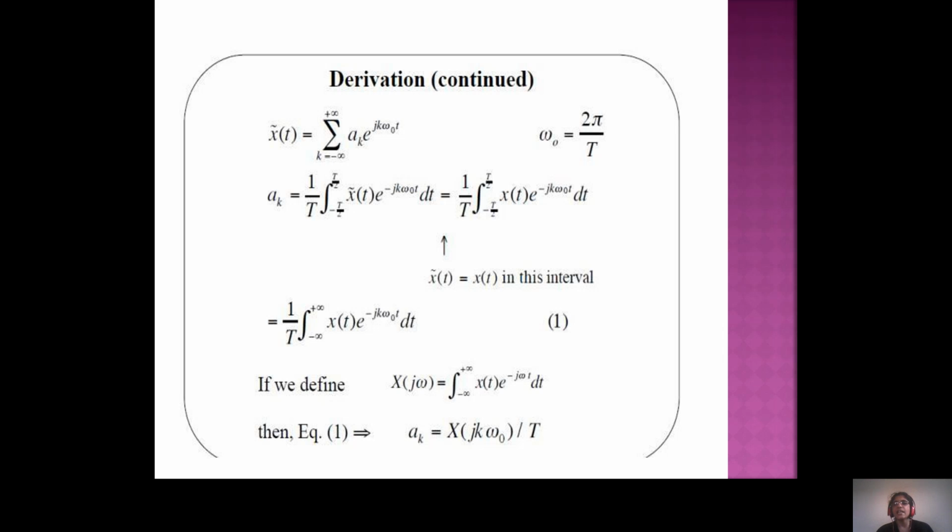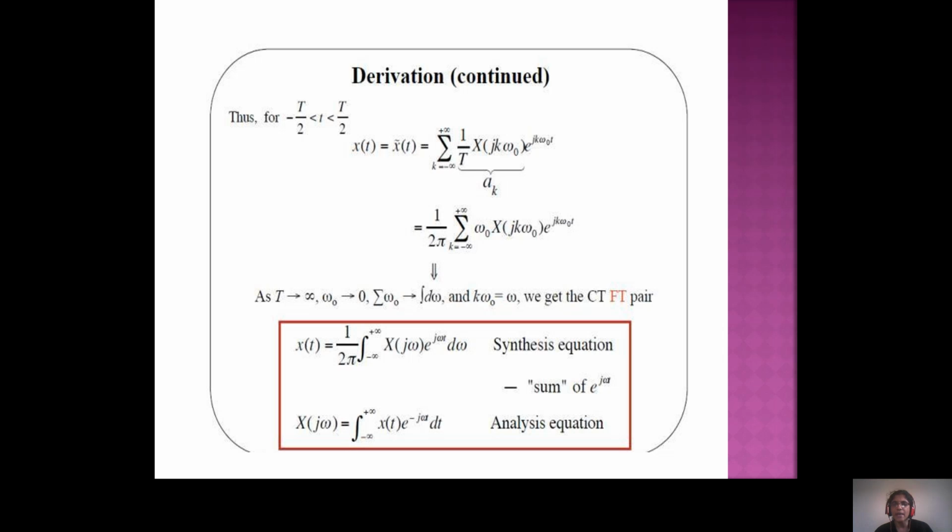If we define X of j omega as the integral from minus infinity to infinity of x of t e power minus j omega t dt, then hence in equation 1, a k is equal to X of j k omega naught by T.